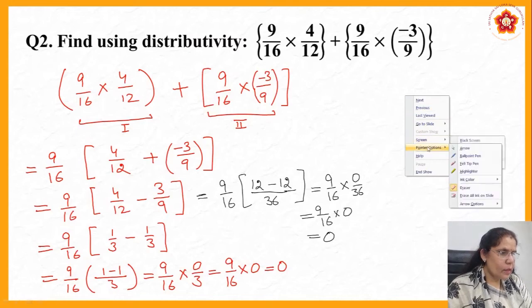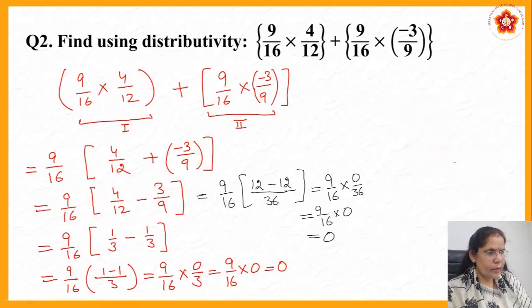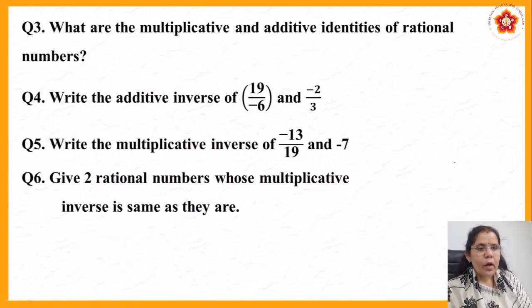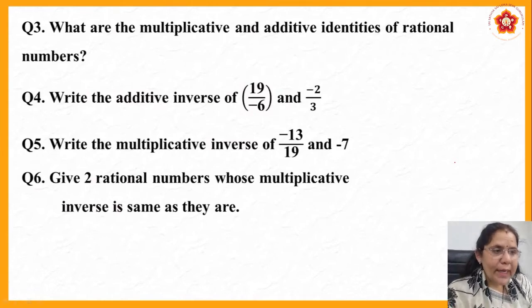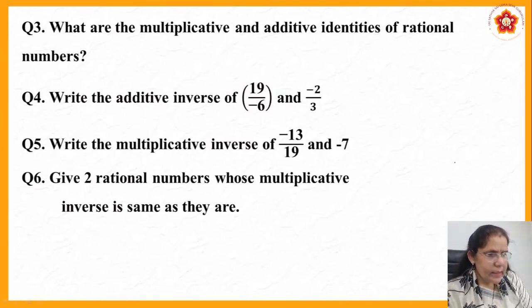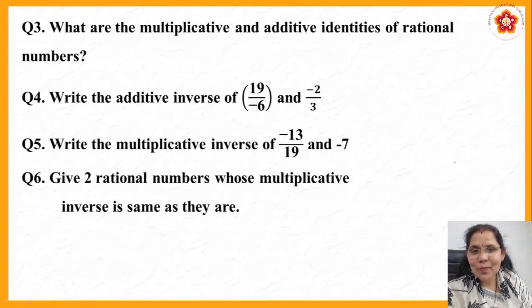Now let us look at some more questions. What are the multiplicative and additive identities of rational numbers? This we did in the last part. I hope you remember it.